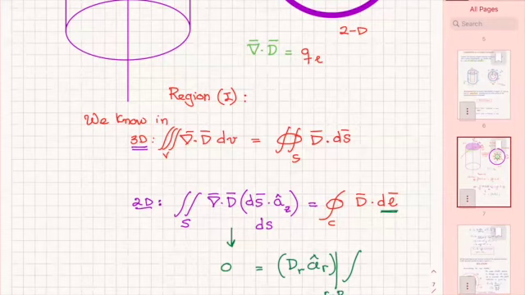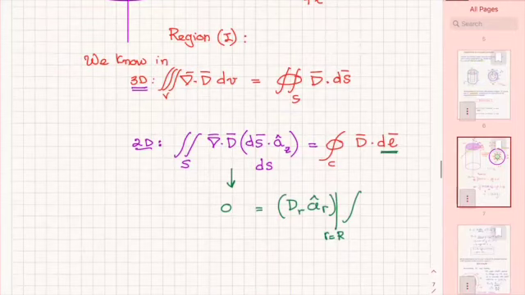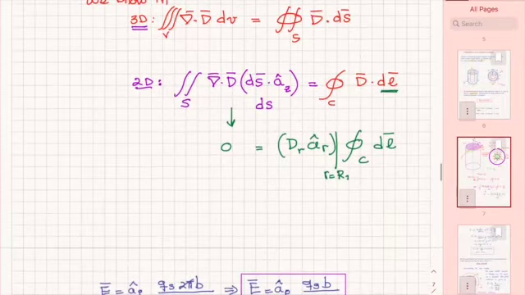Let's consider that to be radius 1. C becomes from 0 to 2 pi, or let me keep it as C dl, because it's easier. You can do it either way. Now, C has a direction, and what this integral of dl shows us is that we have to integrate around this circle.